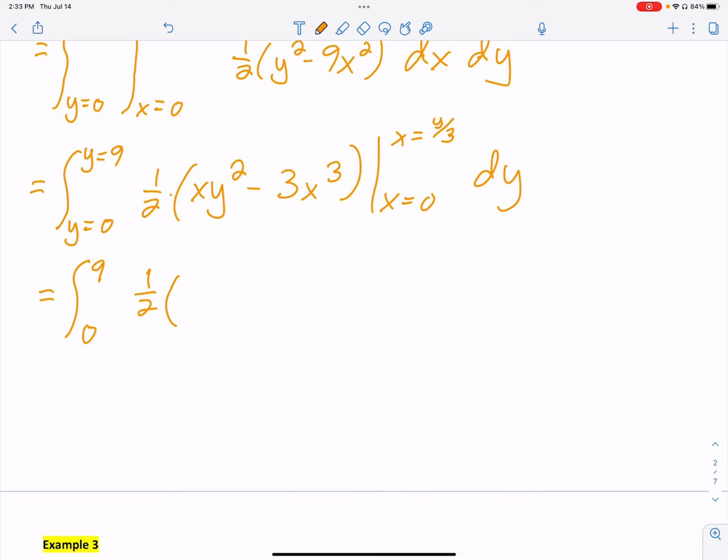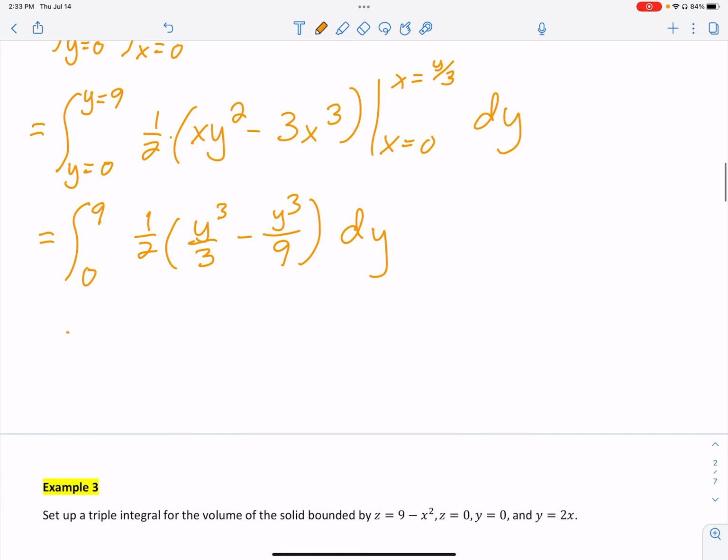I get y over 3 for x, so I'm going to get y cubed over 3 minus, if I plug in that, I get y cubed over 27. One of those 3's is going to cancel. I'm going to get 9 on the bottom, and I get y cubed for that. All right, dy. We can simplify that. I'm going to pull the half out, and we can get a common denominator.